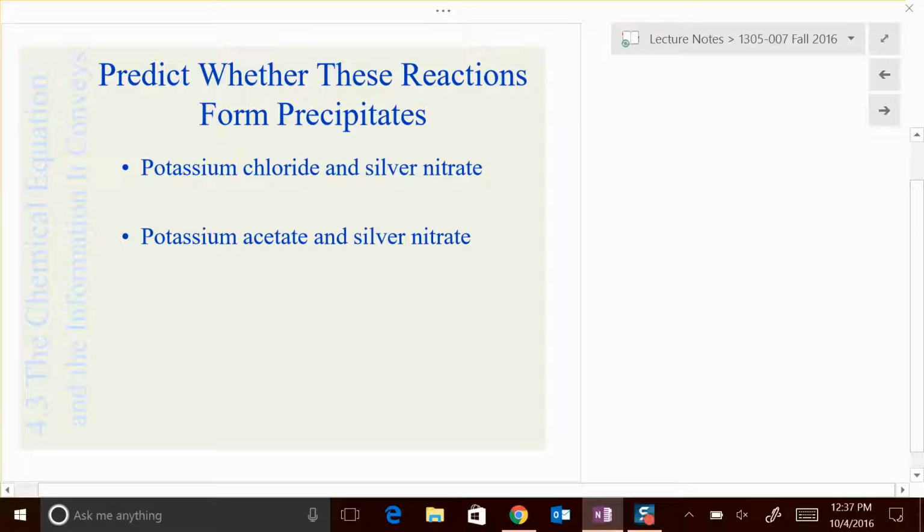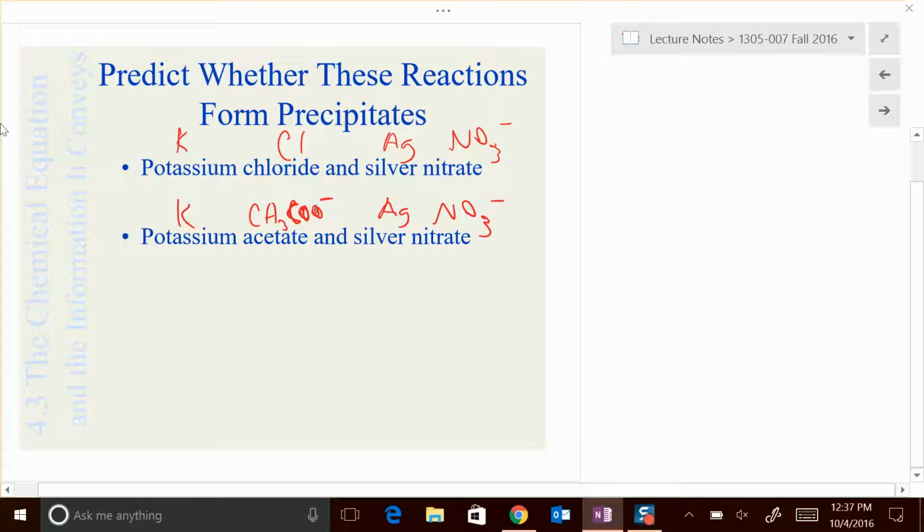So let's predict whether precipitates will form from these reactions right here. We have potassium, chlorine, silver, and nitrate. We have potassium, acetate, silver, and nitrate.